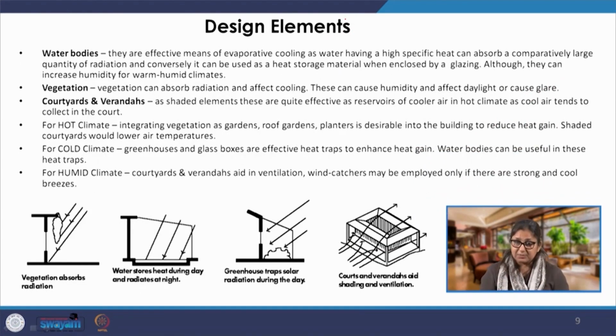Once we have selected the plan form, we check the design elements that are going to be used. For example, we may be using courtyards. In hot climates predominantly, we prefer to use courtyards. Courtyards aid in nighttime purging, night ventilation, and if you remember the last slide of the last lecture, we saw that if the temperatures are higher and humidity is in the moderate range, then we need to facilitate night ventilation.